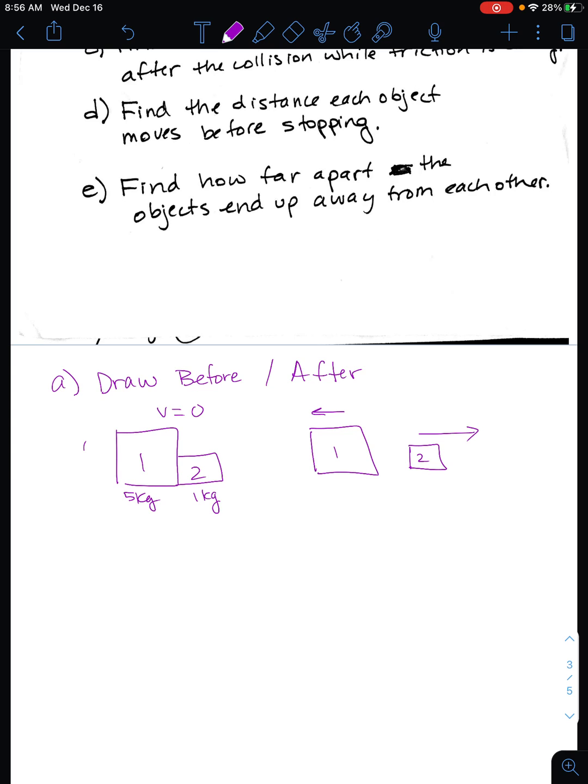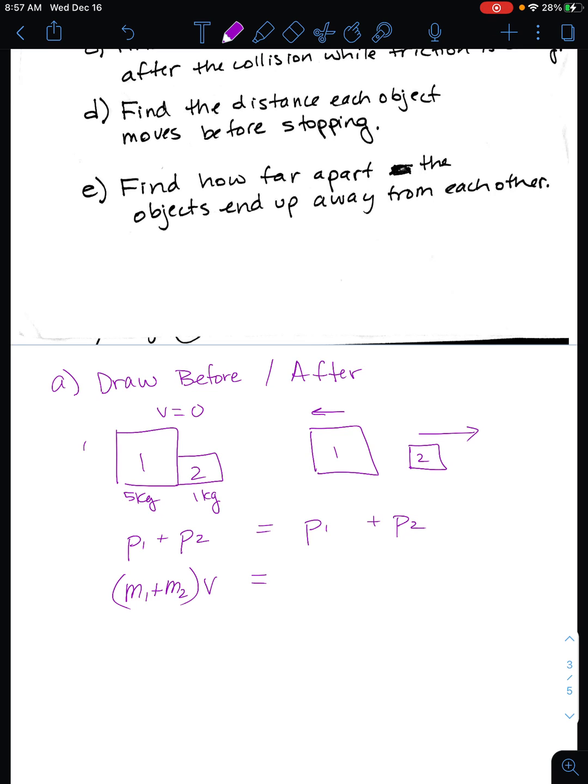When we're setting up this problem for conservation of momentum, we're going to say that the momentum of object 1 plus the momentum of object 2 before has to equal the momentum of object 1 plus the momentum of object 2 after. Before the collision, they're moving together as one object. We could add their masses: m1 plus m2 are all moving together at this original speed.